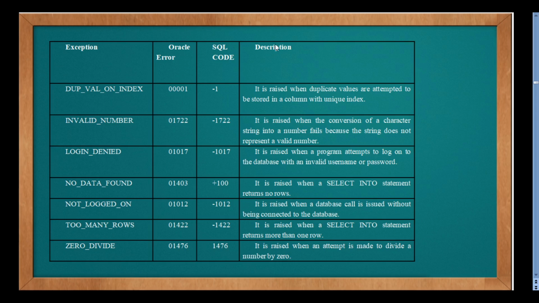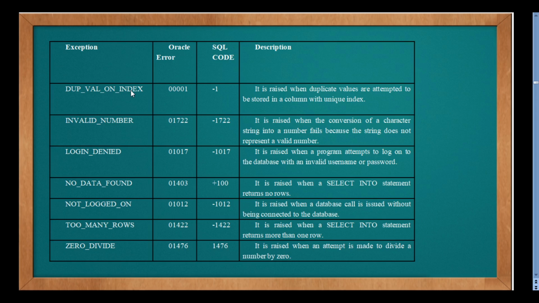First, coming to DUP_VAL_ON_INDEX. It is raised when duplicate values are attempted to be stored in a column with a unique index. That means when you try to insert repeated values in a primary key column or unique constraint column, it raises an exception named DUP_VAL_ON_INDEX.